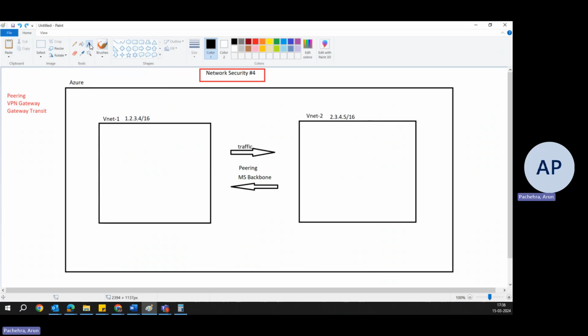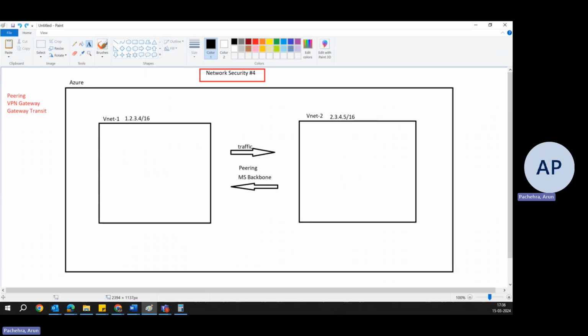I'll show you on the portal. That's not that important. More important is to understand the concept, specifically from the security aspect. We have covered these topics many times, but for this particular series, I wanted to talk about these things.